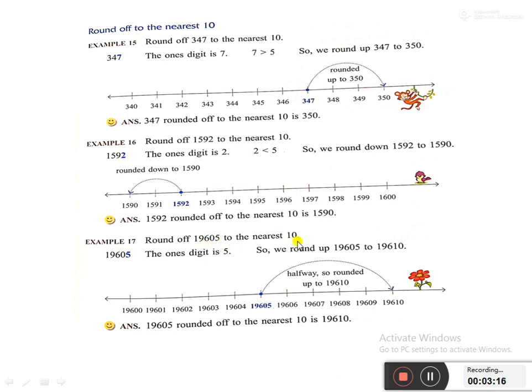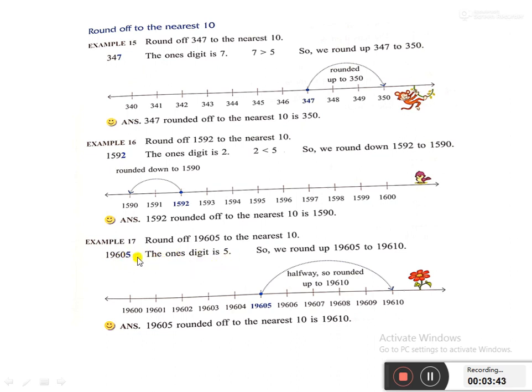One more example. Round off 19605 to the nearest 10. We have to underline the ones place. If the number is less than 5, there is no change in the tens place, so here 0 only. So what is the starting number? 19600. If the number is 5 or more than 5, there is change in the tens place. That means 19610 will come. Now you see, the ones place, what is the number? 5.